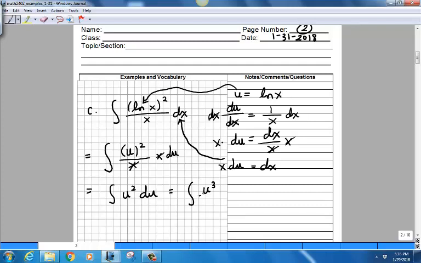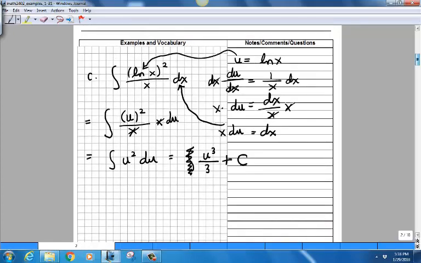So I have, oops, I'm integrating already, so we can erase the integrand now. So I have u cubed over 3, right? Add 1 to the power and divide by the new power, plus my arbitrary constant. So the integral sign now has gone away. I've actually carried out the integration.